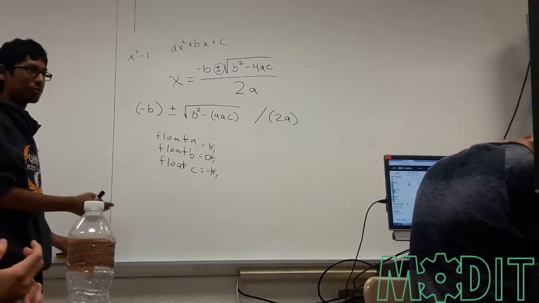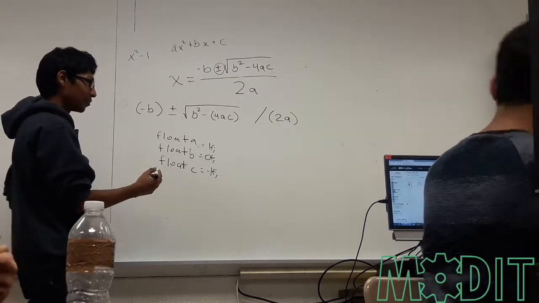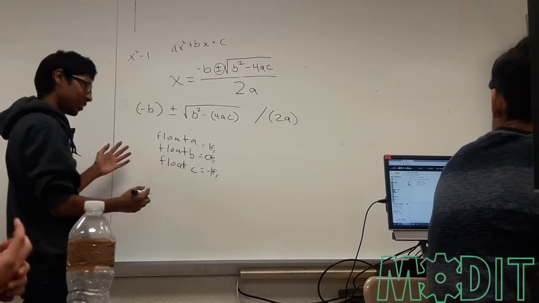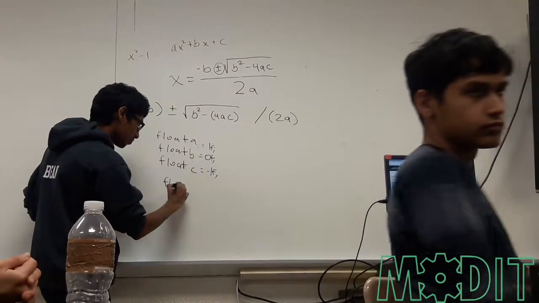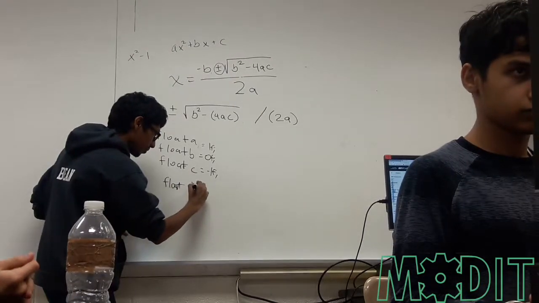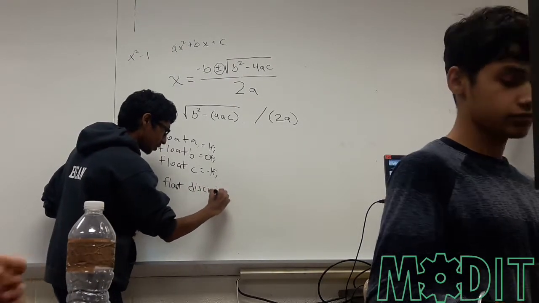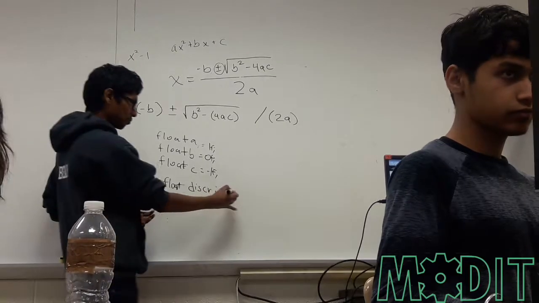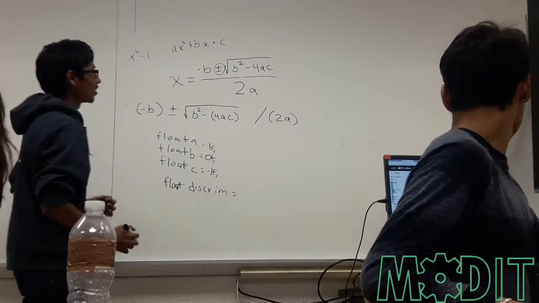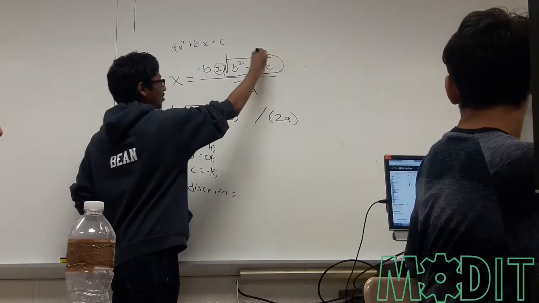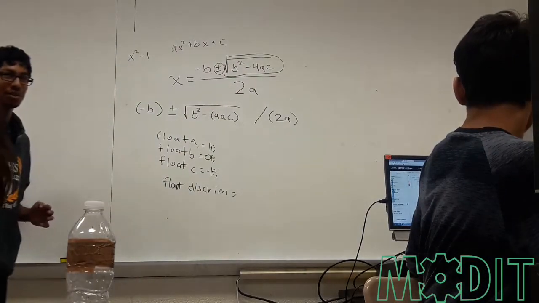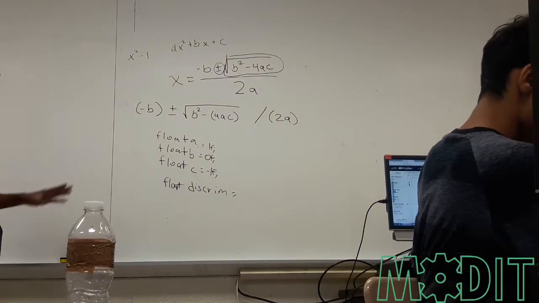To make this easier for us, we can find the discriminant once. So that would be another float, and I will call it discrim. And that will be just the square root part of our equation.